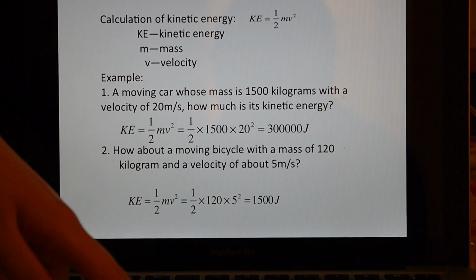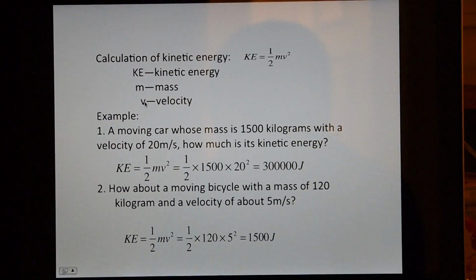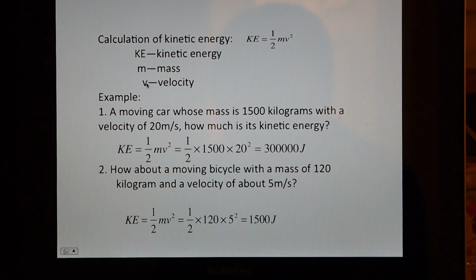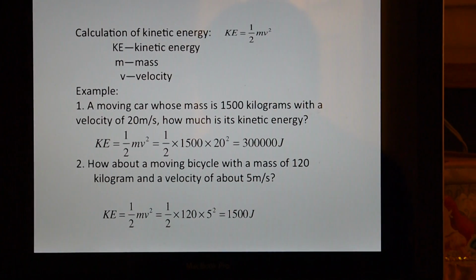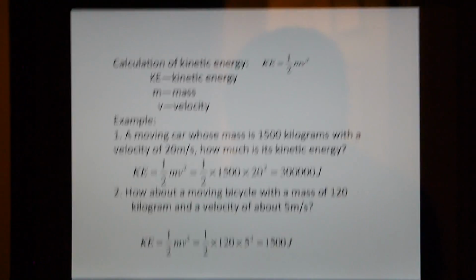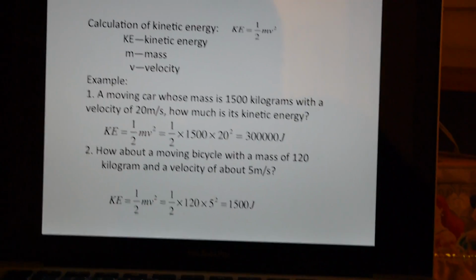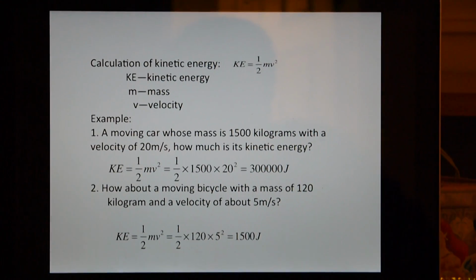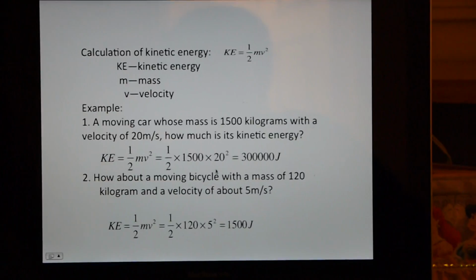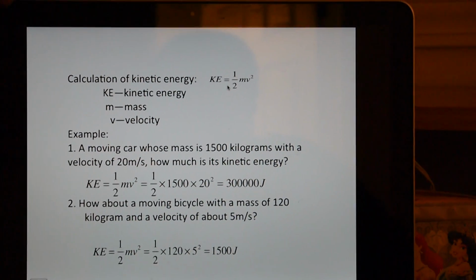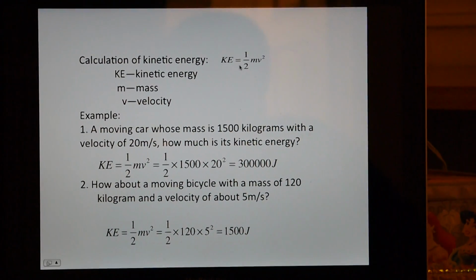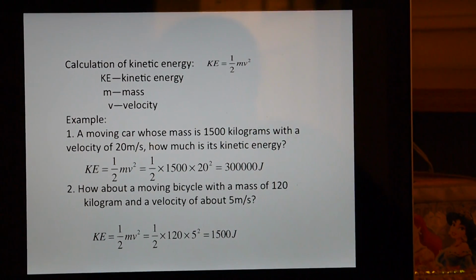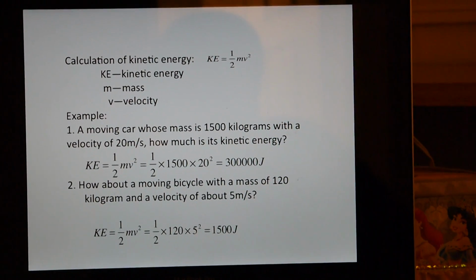So KE is kinetic energy, m is the mass of the object that we are interested in, and v is the velocity of the object. So let me interpret this formula. Kinetic energy equals 1/2 times the mass of the object times the velocity squared of the object.